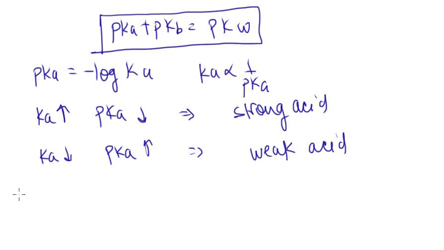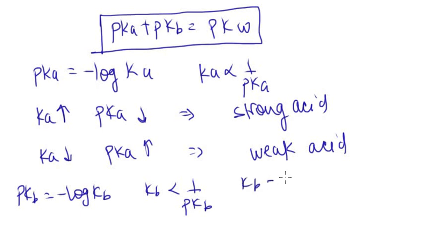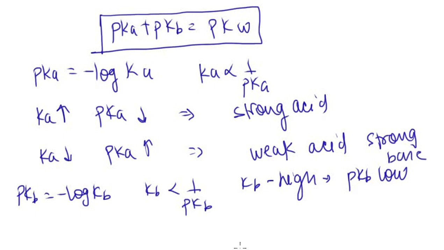Similarly, pKb is the negative log of Kb. If Kb is high, pKb is low, and it is called a strong base.